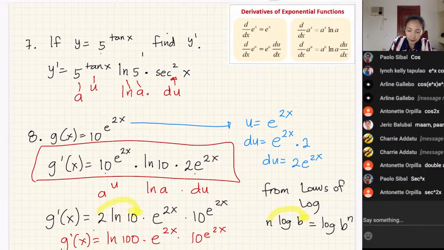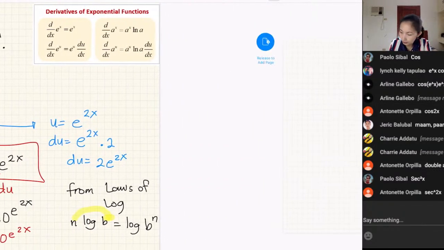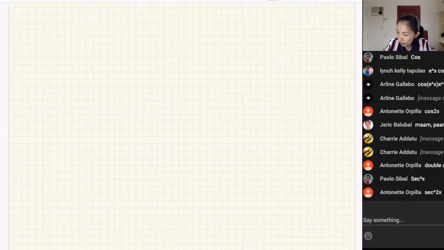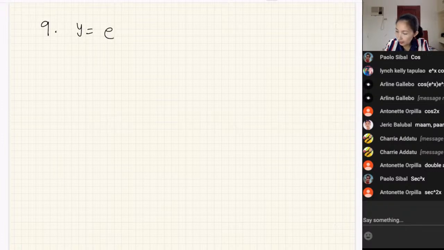The last two problems. Okay, problem number 10. Problem number 9, I should say. What if we have e raised to y is equal to e raised to x cosine x?